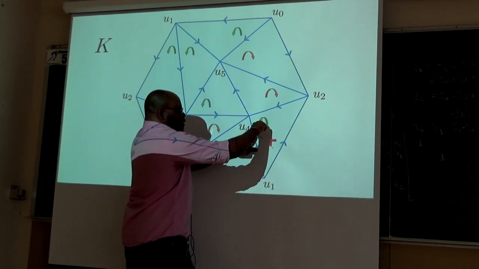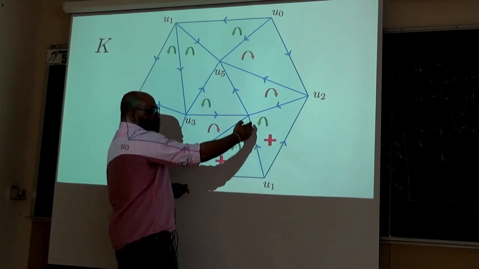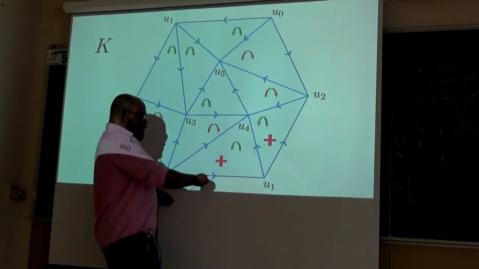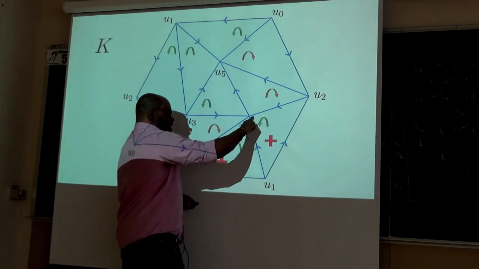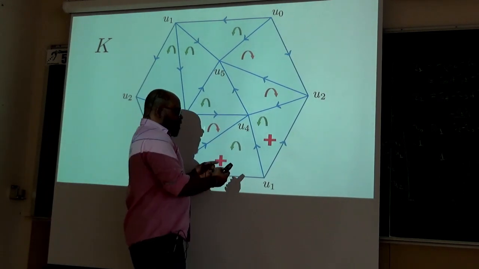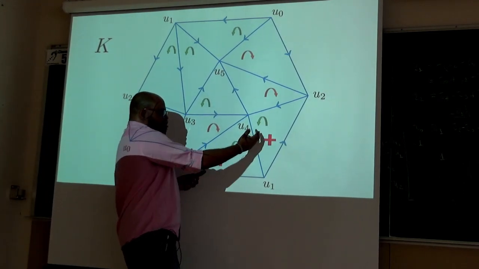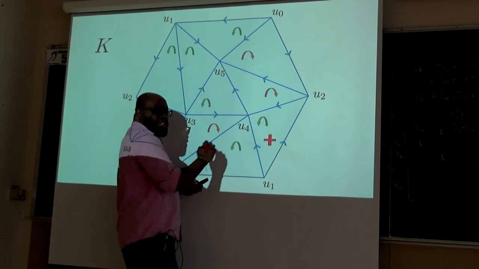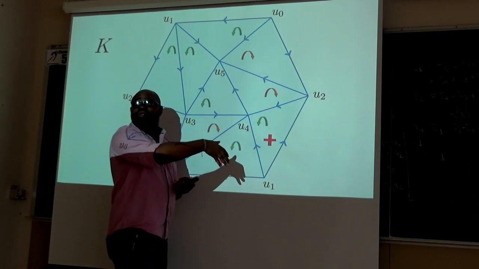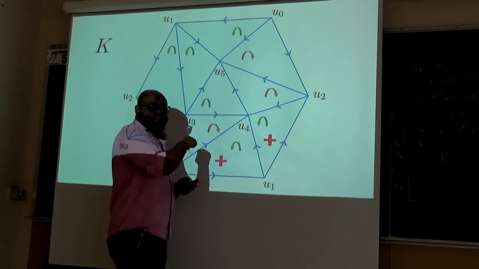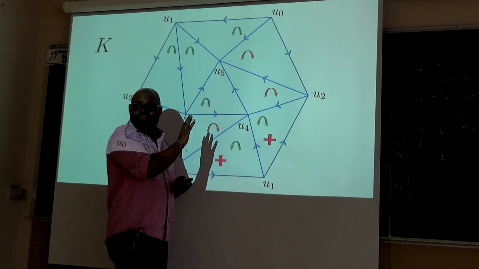So this edge is canceling out, and what is left is this like that and like that. So the upshot is that if the triangles that share an edge have the same orientation, then the edge cancels out when I take the sum of the boundaries. Is that cool?